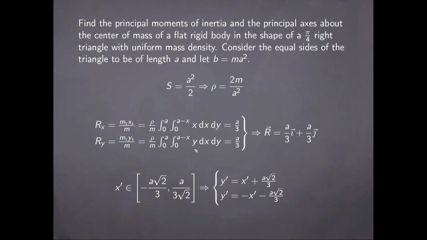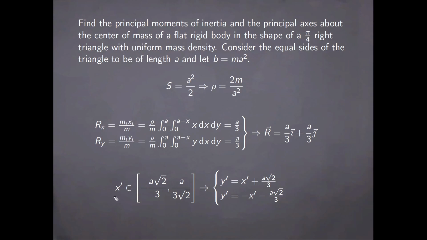Now, what we want to do is translate the coordinate system to the position of the center of mass. And we also want the new x-axis to be along the symmetry axis of the triangle. So it would be along the height of the triangle as drawn from the original position of the coordinate system, so from the vertex to the perpendicular drawn from the vertex to the hypotenuse.